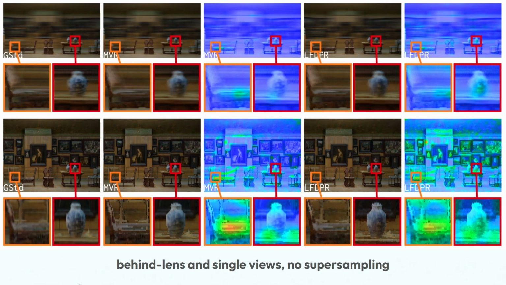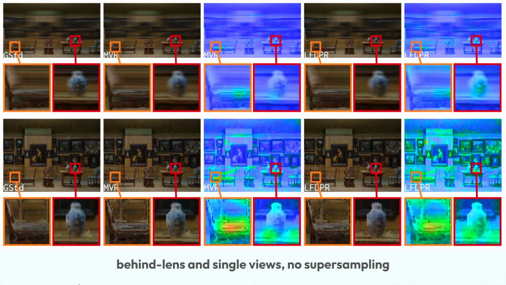Here's the gallery scene, same layout, and you can see that overall we're similar in error. There's one exception, I think, right here on the lower right in the single view error image. There's some error in the back, and that turns out to be not because of our technique so much, but because in compute we were running into some precision issues. So at the back, it's there, and we're not.